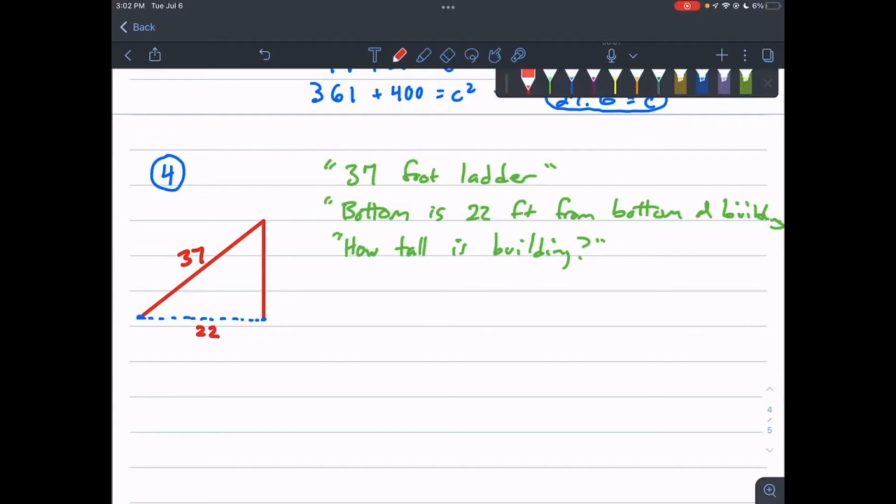And we're trying to find out what this length is. And this is a right triangle here. Hopefully you recognize that if this is the right triangle, then that means 37 would be C, and then this would be A, and this would be B, or vice versa. This could be A, this could be B. But you have to make sure the 37 is C.